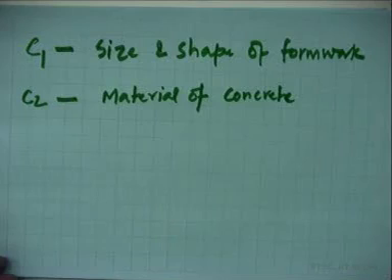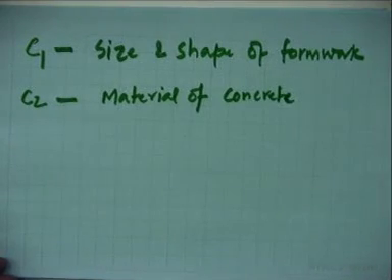So, C1 depends on size and shape, C2 depends on material of concrete. They have also specified different values for C1 and C2 depending on what material we are using for concrete and what kind of size and shape of formwork are in use, right.